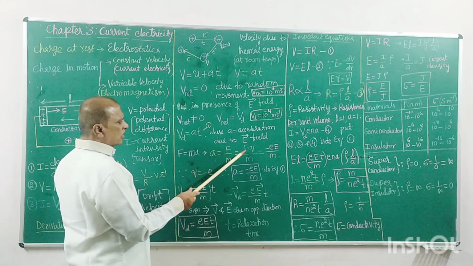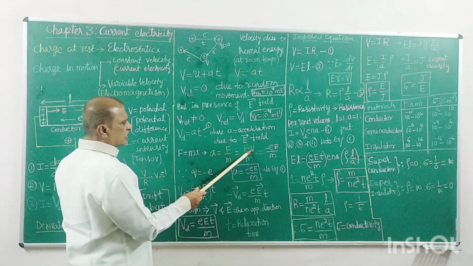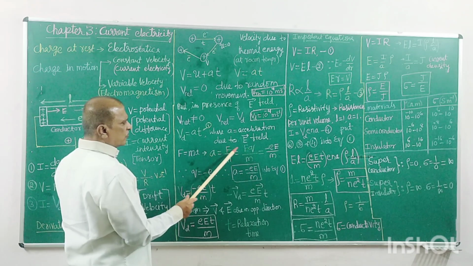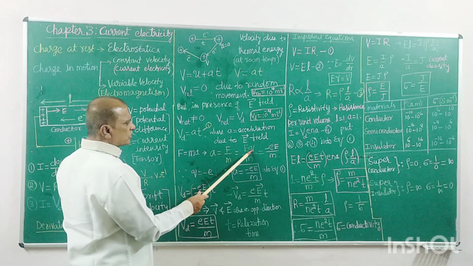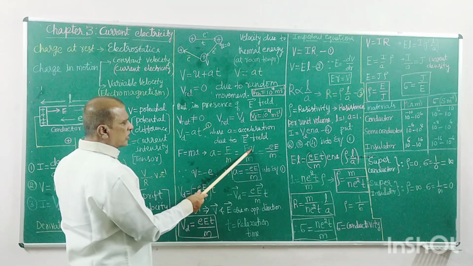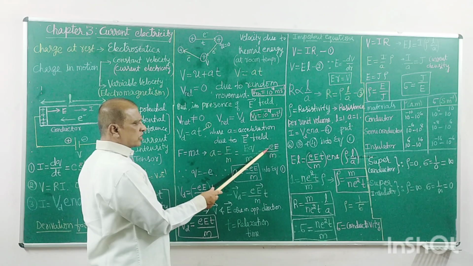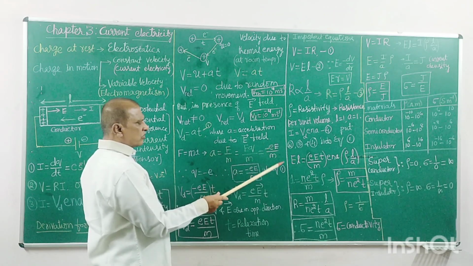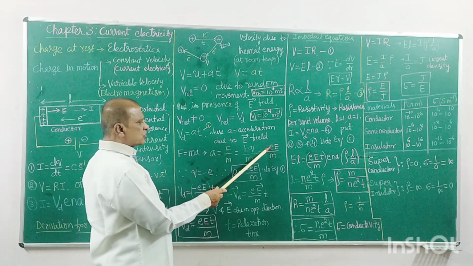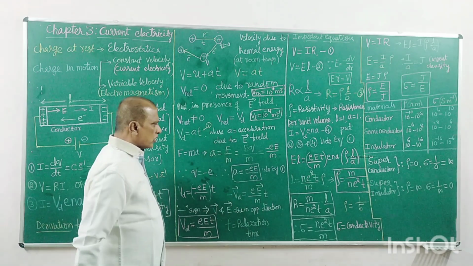What is the electric force in terms of the electric field? As you know, electric field times charge. Recall this: F is E into Q. What is Q? The charge of the electron, because we are talking about the electron. What is the electron charge? Minus e. Why minus? Negative charge, because the magnitude of e is 1.6 times 10 to the power minus 19 coulomb.